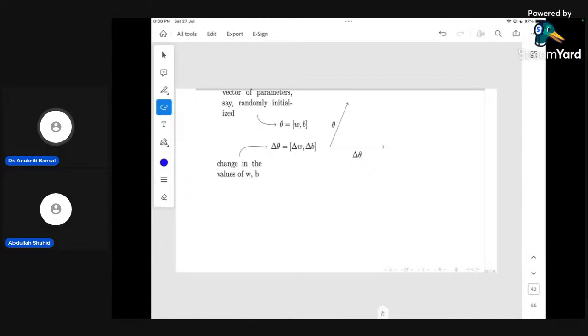So this is my delta theta, which is also a vector of R2. Now what I want to do is move in a certain direction so that I get a theta new. Okay.